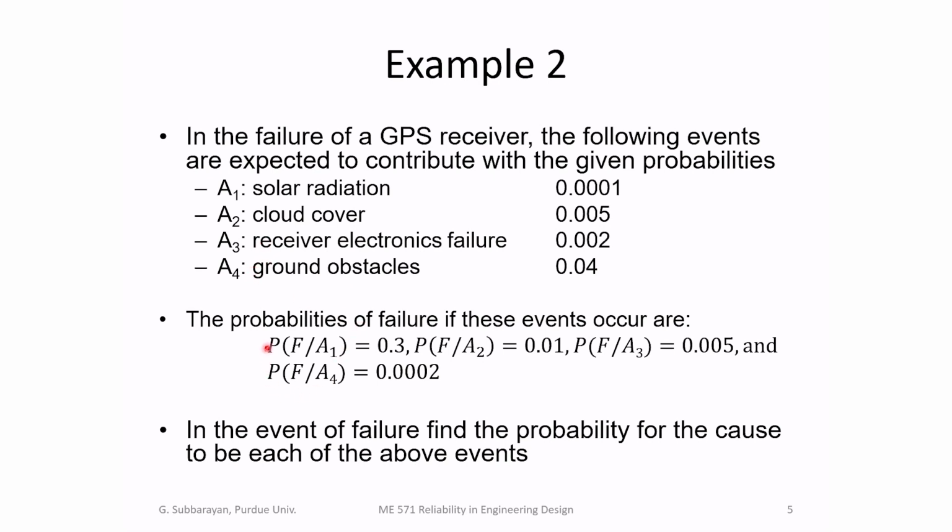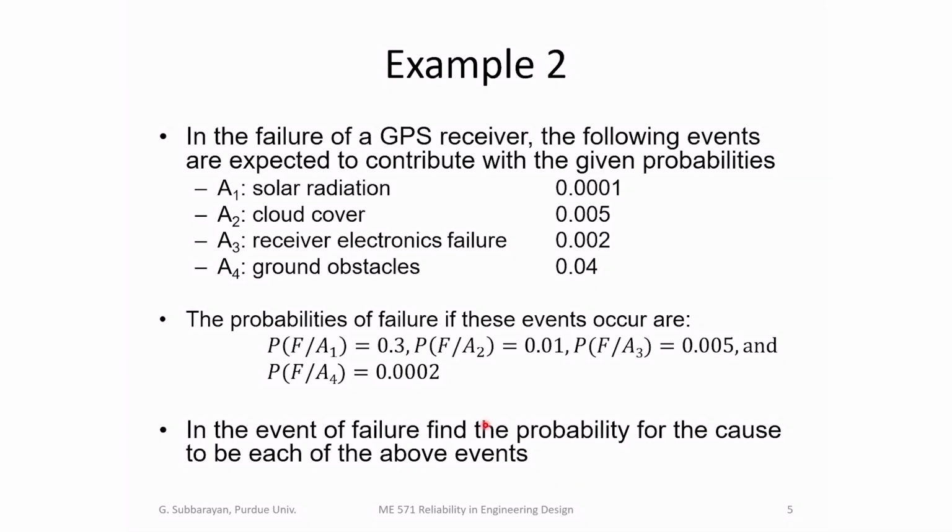So what we do in the lab environment is the reverse. We would focus on one failure mechanism at a time, and test to figure out the probability of failure under that particular failure mechanism. But in the use environment, it will usually be the other way.